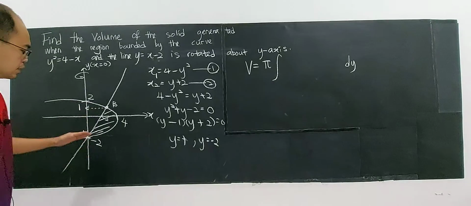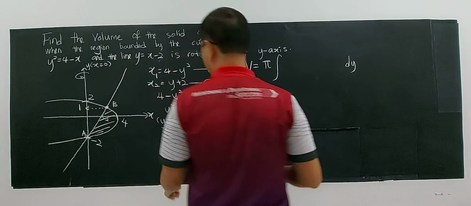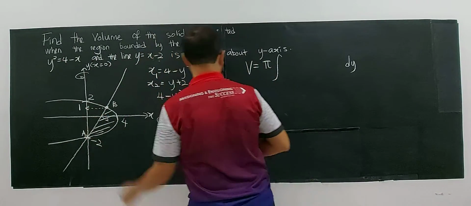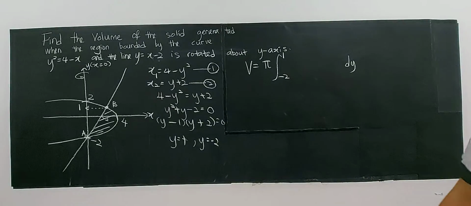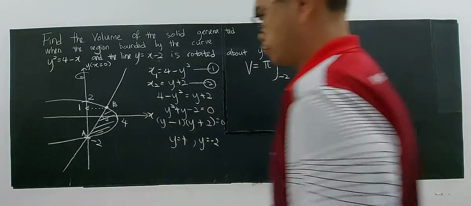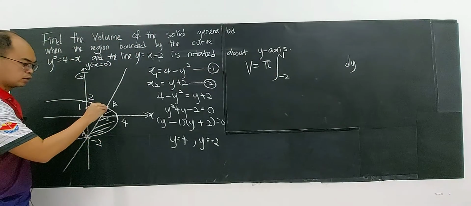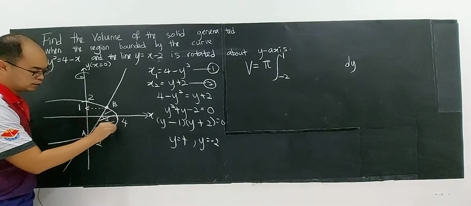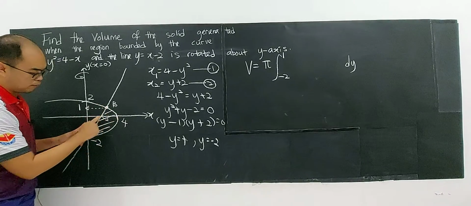Because I rotate about the y-axis, I have to find the value of y, from negative 2 up to 1. Which curve is far from the axis of rotation? Far means jauh. Which is further, line or curve? Of course, the curve is far, it has a bigger radius compared to the line.